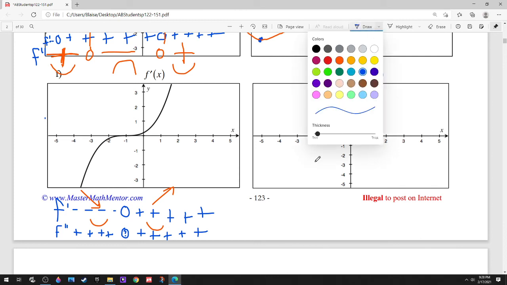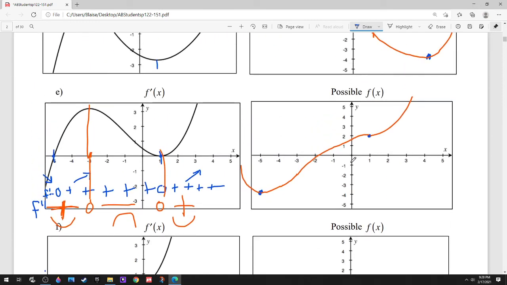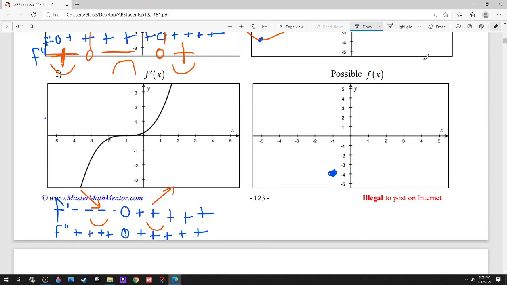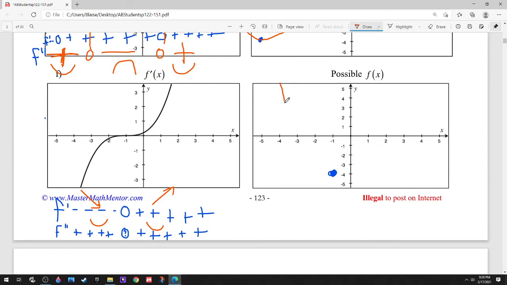So I'll pick a minimum value at -1. Let's pick -4 because it's not telling me where. This is just a possible f of x, and I'm going down, down, down, happy, happy, happy. Stop. Okay, and then afterwards, up, up, up, happy, happy, happy. Okay, cool. Wait, this looks like an x squared graph.